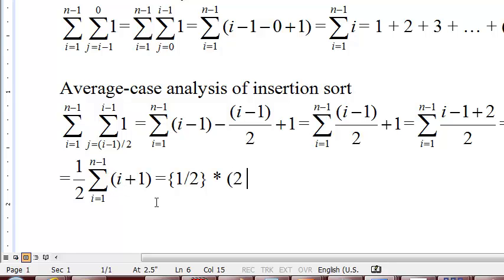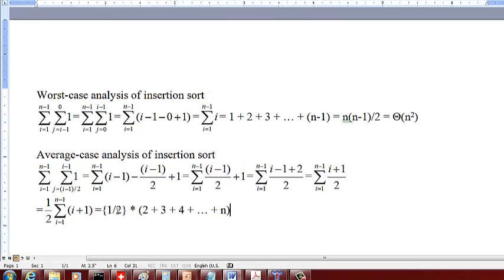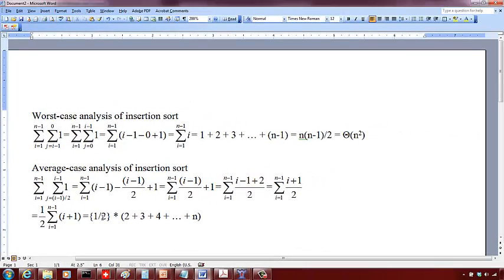So when i is 1, it is going to be 2 plus 3 plus 4 plus so on plus n minus 1 plus 1, so that's going to be n. So we really want to solve this summation. The half is still over here.